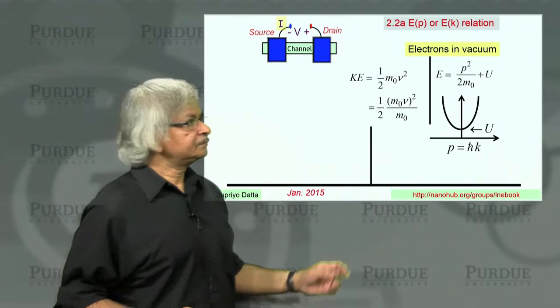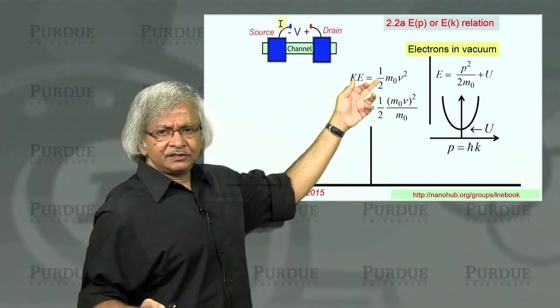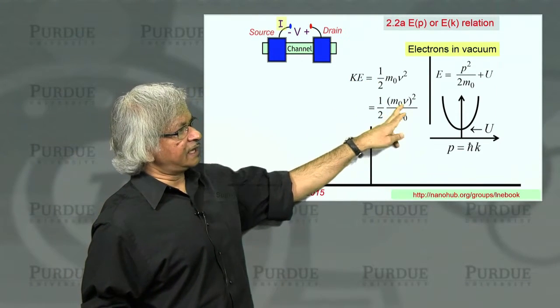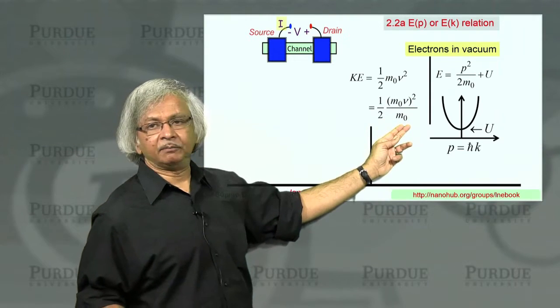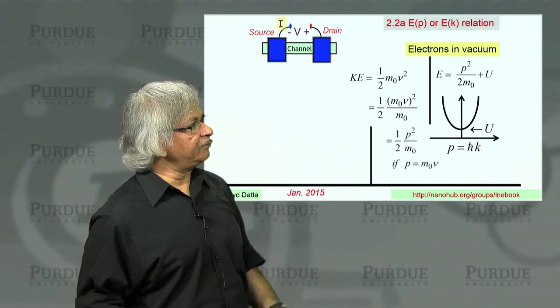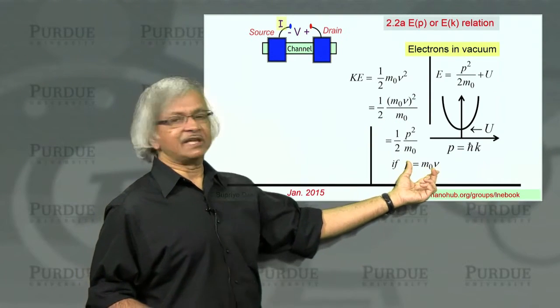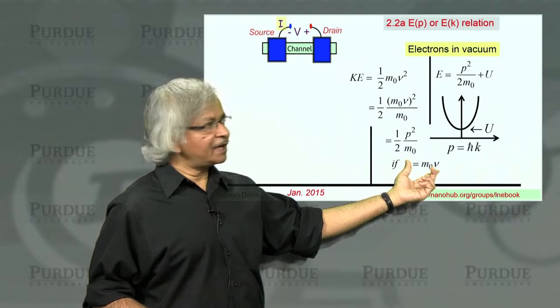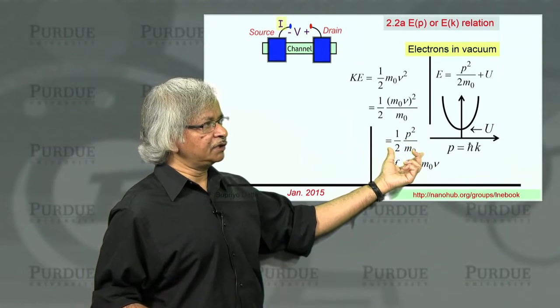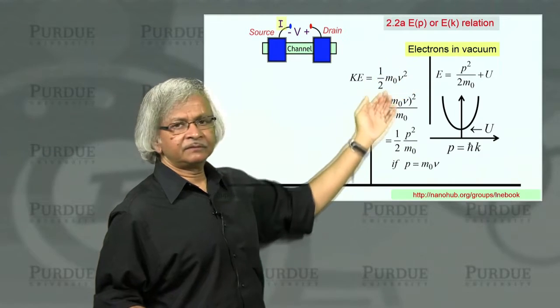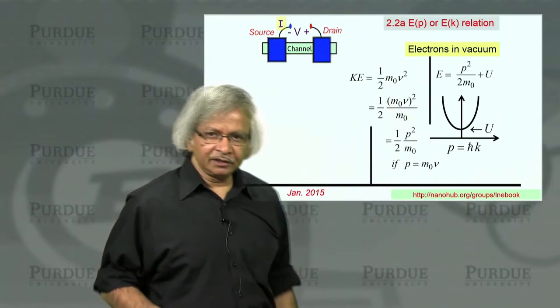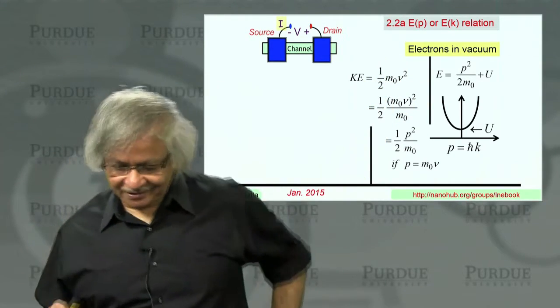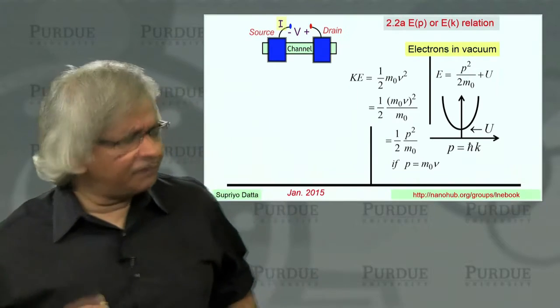That is, you could write that just algebraically as (mv) whole squared divided by 2m. And then we know that momentum is m times v, and so it becomes p squared over 2m, like I've written there.